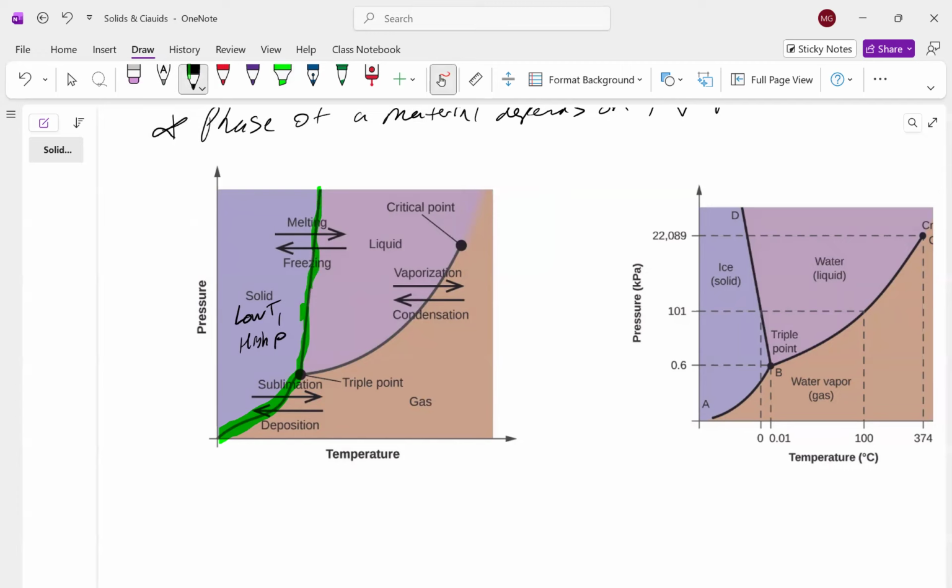And then at high temperatures and low pressure, substances typically exist as a gas. You can see that boundary there. And then you have liquids here. You can see at somewhat high pressure, somewhat high temperature.